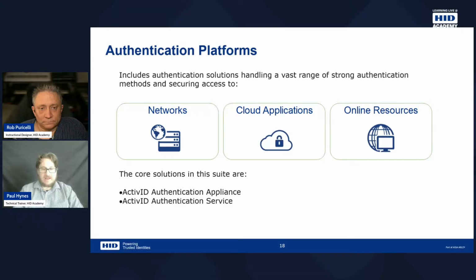You can think of it like this: if I want to access my bank account, maybe I use a username and password and log in, right? That's one option. Maybe if I log in from my phone, it says, you're logging in from your phone, and we want you to also use your Face ID.